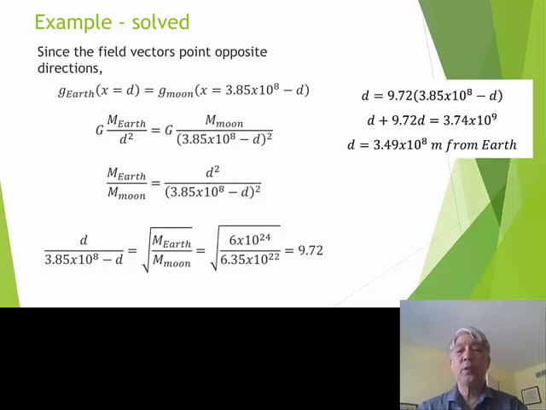That's an easier equation to solve because I can cross multiply and regroup and then solve on my calculator or however else you want to solve it. It turns out that d is about 3.49 times 10 to the 8th meters from Earth, so really close to the Moon, about 90% of the way to the Moon.